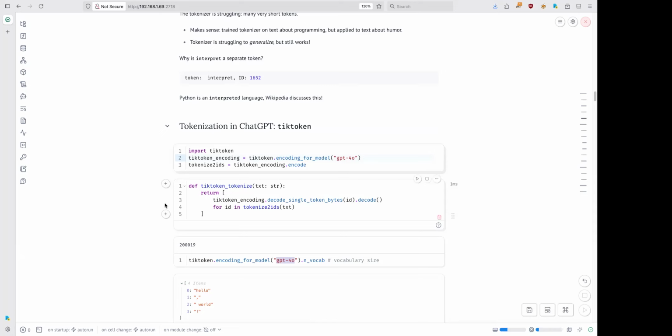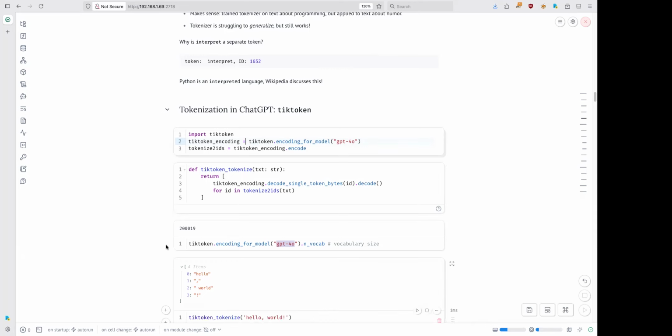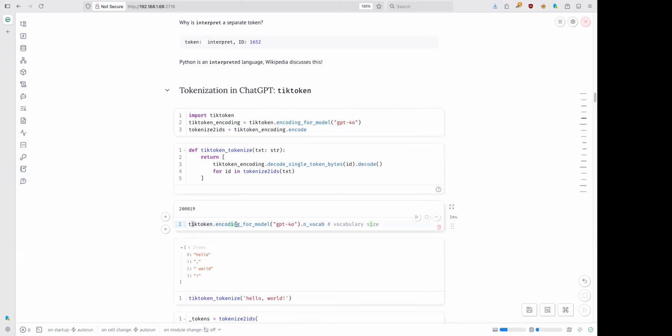So the main idea here is that this tokenizer is ready to use. Moreover, it's the literal tokenizer used in ChatGPT, so we can trust OpenAI for it to be good. Let's have a look. We load the encoding for GPT-4o and query the number of tokens in the vocabulary.